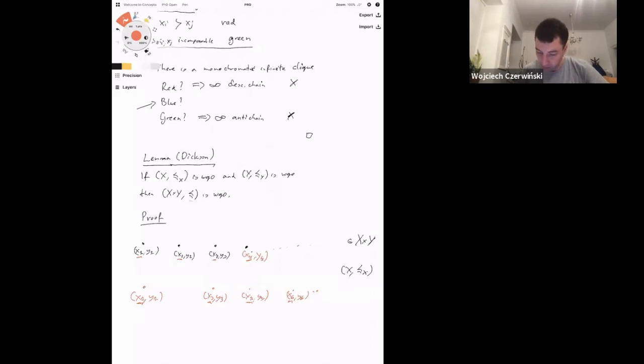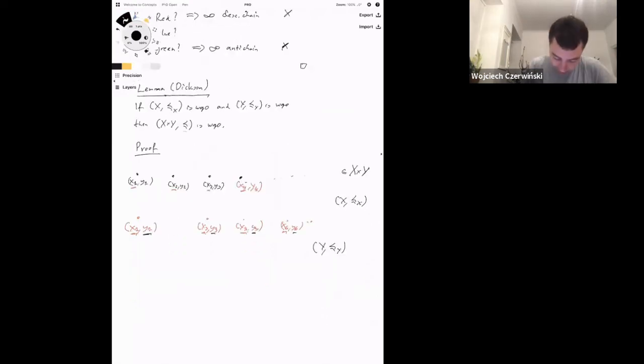And then, because we know that Y is a well quasi-order, from the sequence of Y's we can extract an infinite sequence of dominations.